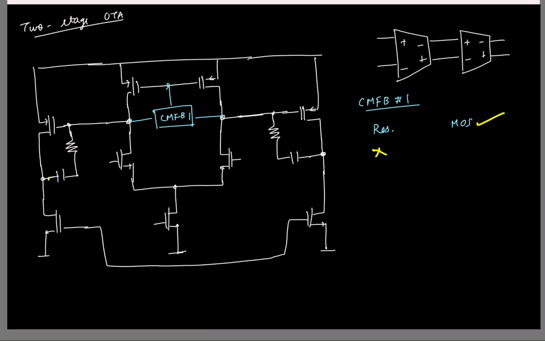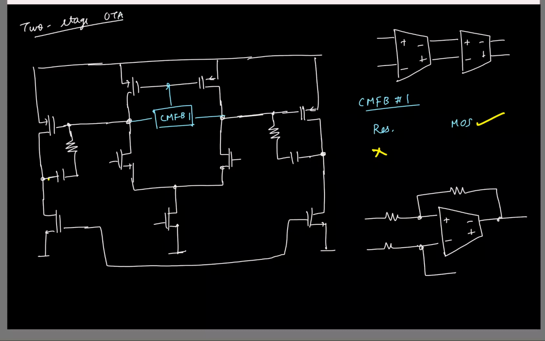So we could use a MOS-based common mode detector. But what is the issue with a MOS-based common mode detector? Swing. So is it fine here or no? So let's say I form a fully differential op amp. Take the fully differential OTA and make an inverting amplifier like this.